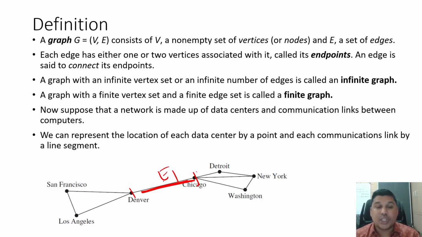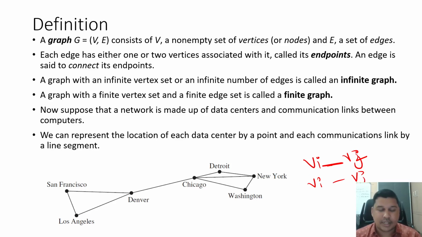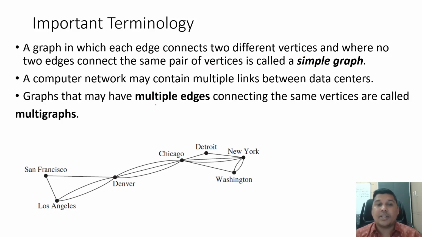There is no other extra edge here. So this kind of graph is called a simple graph, meaning between any two vertices Vi and Vj, if there is only one edge, then we say it's a simple graph. But what is the other case?